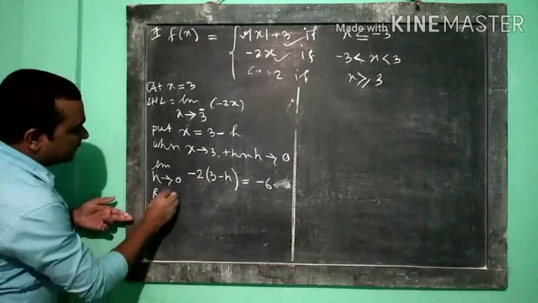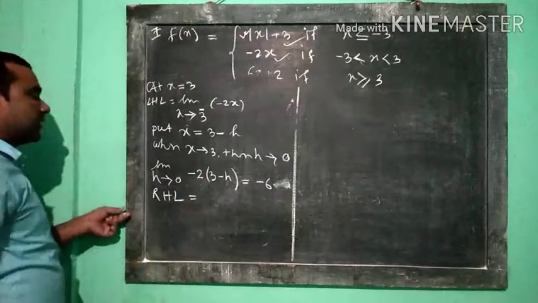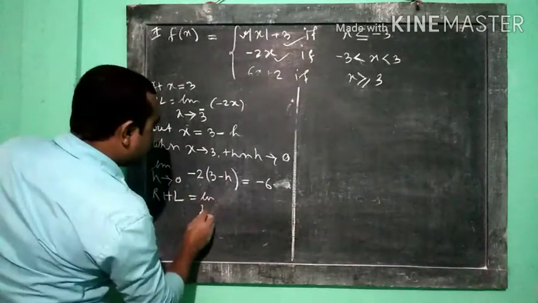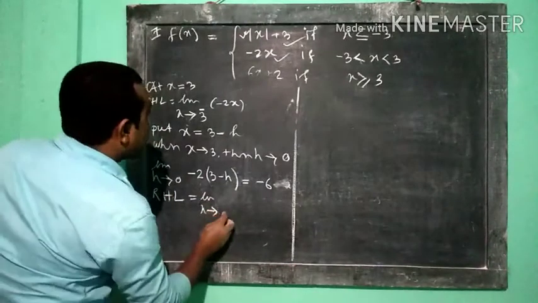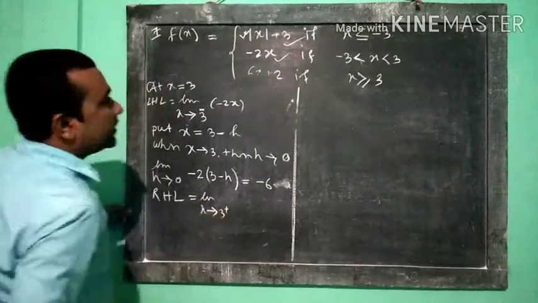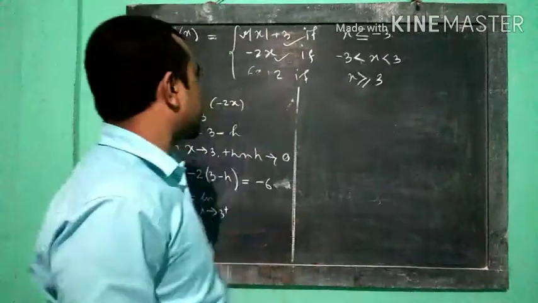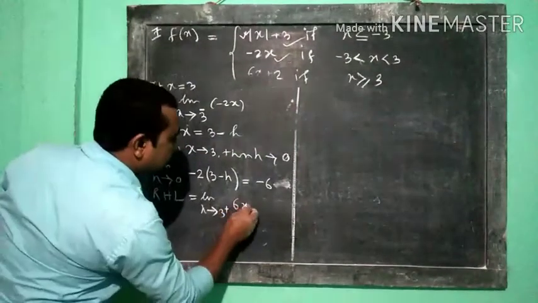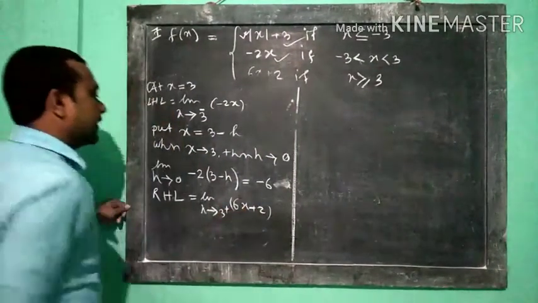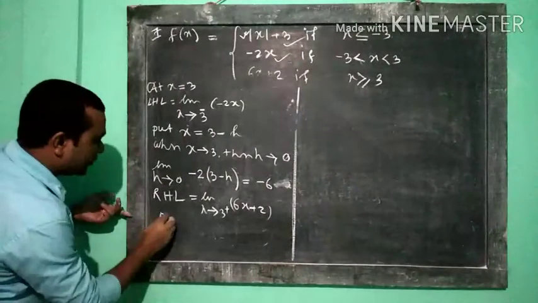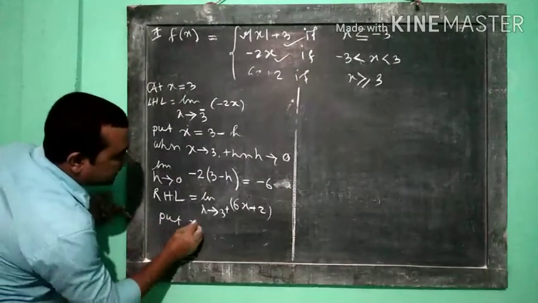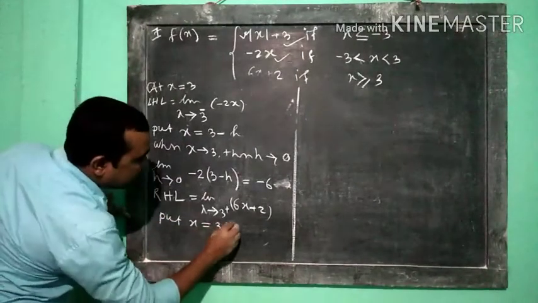Again, the right hand limit is limit x tends to 3 positive. For x greater than or equal to 3, it takes the value 6x plus 2. So put x equal to 3 plus h.